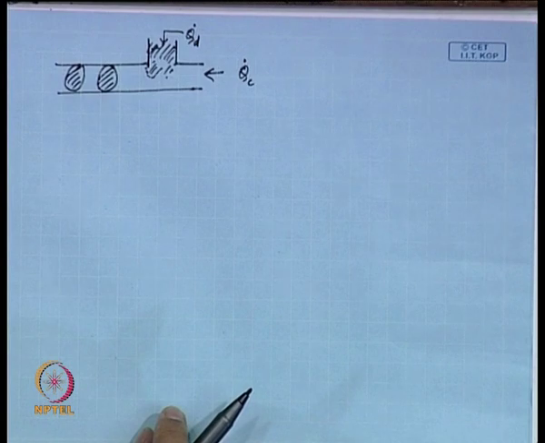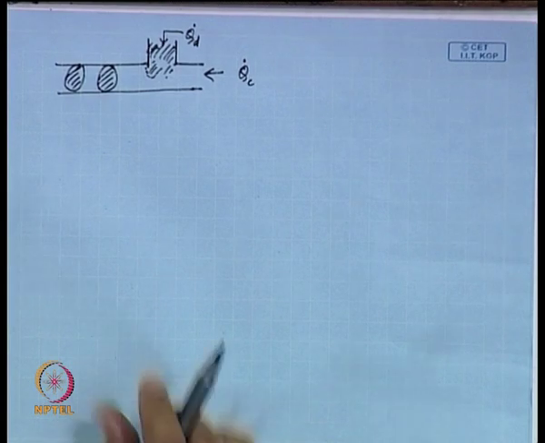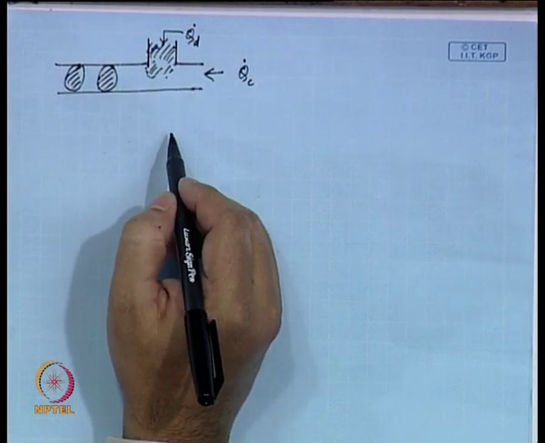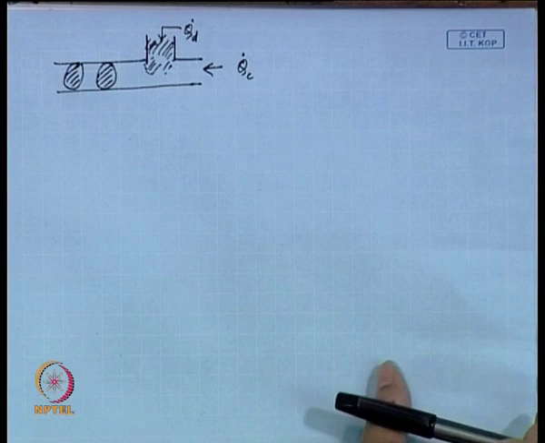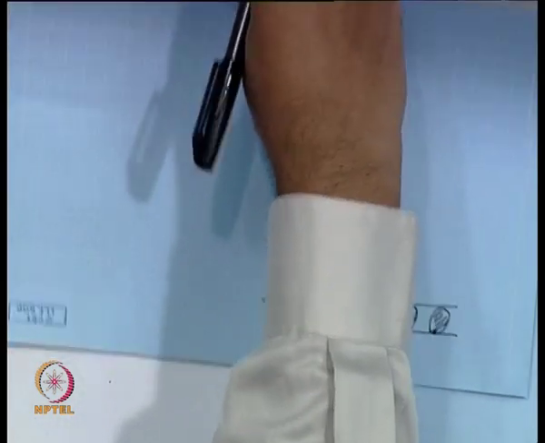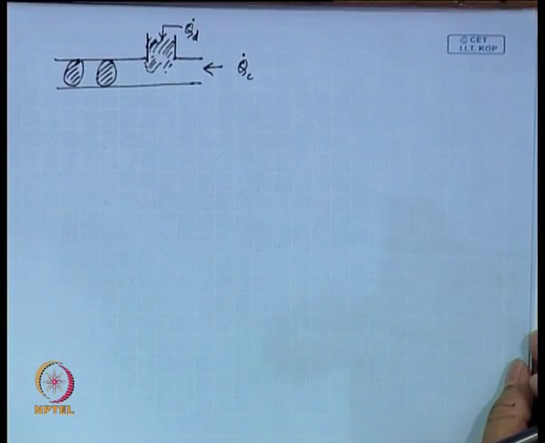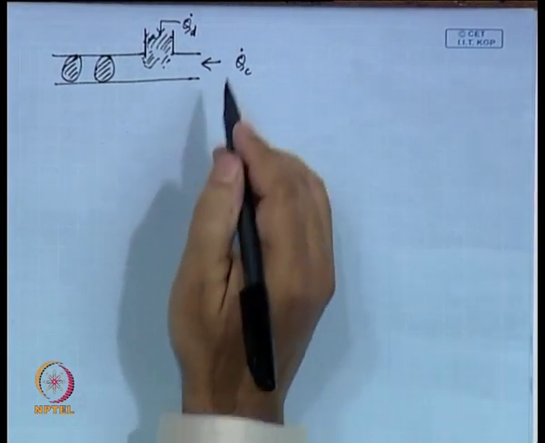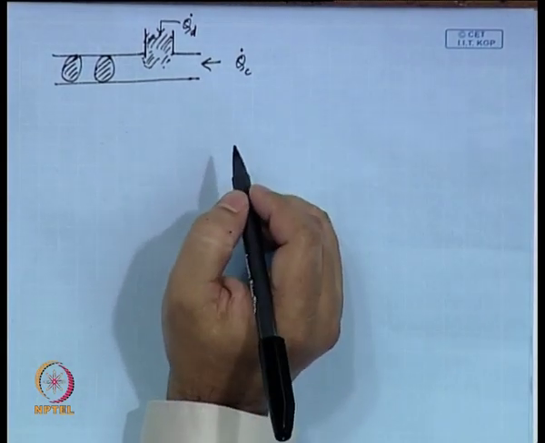This is referred to as a T joint because, though I should have drawn this arm on the bottom side, then it looks like a perfect T. Anyway, you can invert this and you can still see how it is a T. Now, you have the carrier fluid here and the droplet phase here coming in.